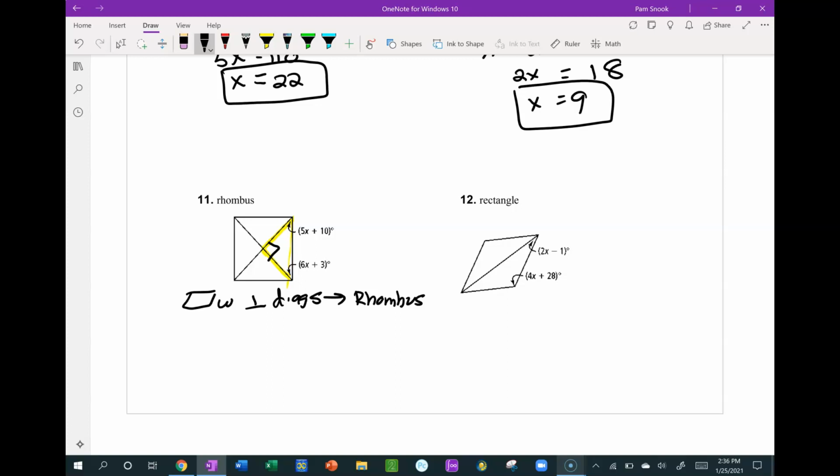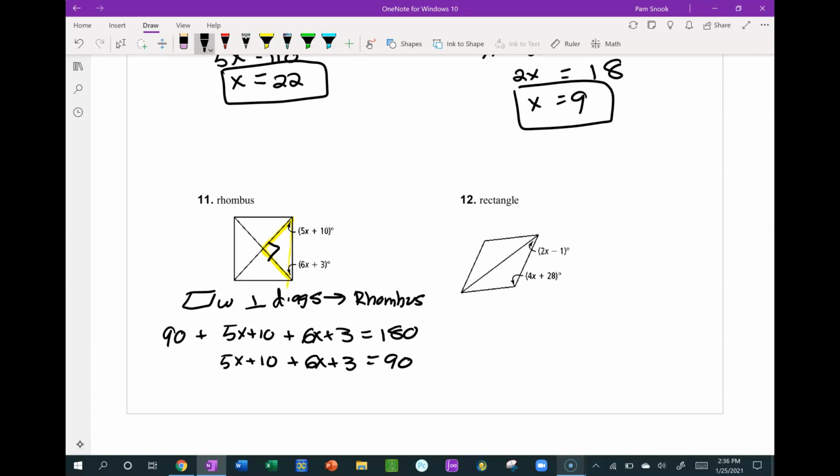So now, check it out. If you remember from chapter 4, the 3 angles in a triangle add up to 180. So 90 plus 5x plus 10 plus 6x plus 3 has to equal 180. Subtract 90 from both sides. And I did this for you to show you a shortcut.